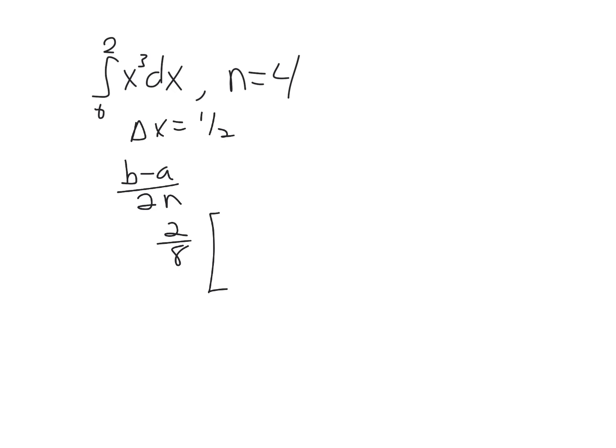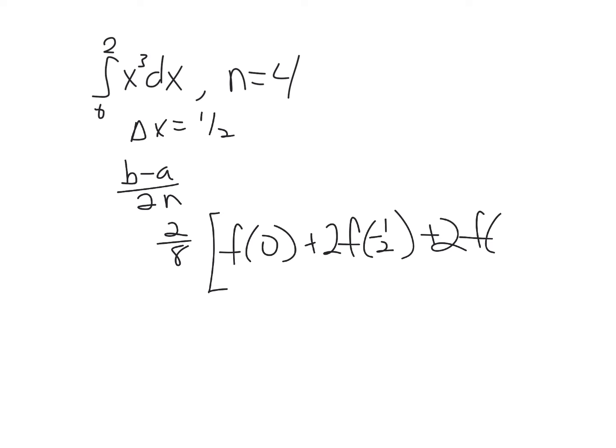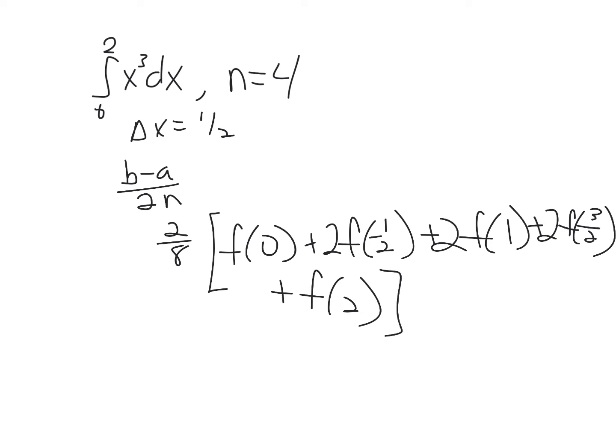Then what's inside the parentheses? We're going to be finding f of 0, because that's where we start with our a, plus 2 times f of 1/2, plus 2 times f of 1, plus 2 times f of 3/2, plus, remember, it's just going to be f of 2. We don't multiply by 2 that time. So 2 over 8 reduces down to 1/4.